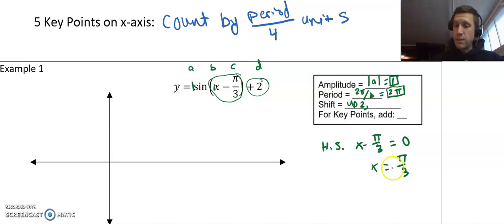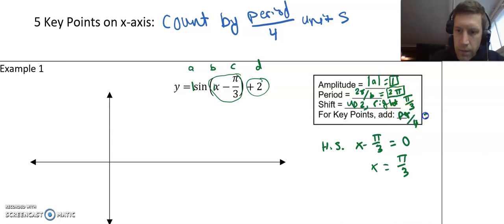That means since it's positive, I'm going to shift to the right pi over 3. And then to find my key points along the x-axis, I want to add from my first value my period over 4. So that's 2 pi over 4, which is pi over 2.